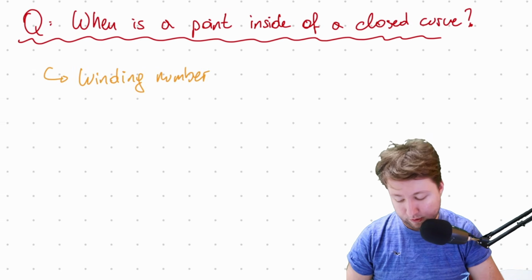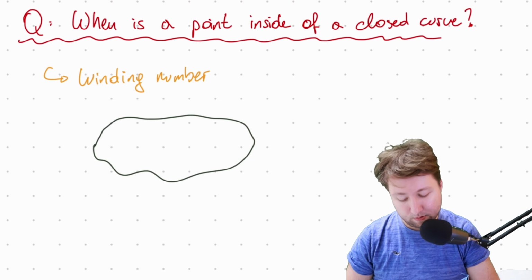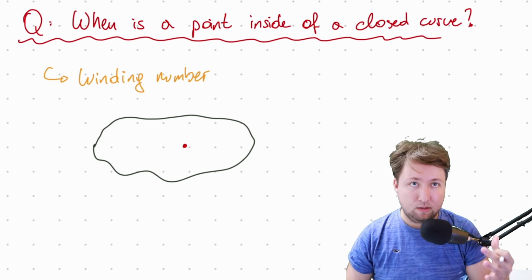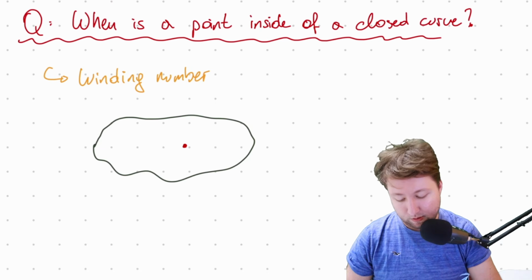Consider the following shape, the following closed curve, and one point that's, well, let's say inside of it. The idea of the winding number, or the idea how Manim implements determining the winding number, is as follows. We take a sequence of points along the curve. I won't space them out so evenly, just a few points.